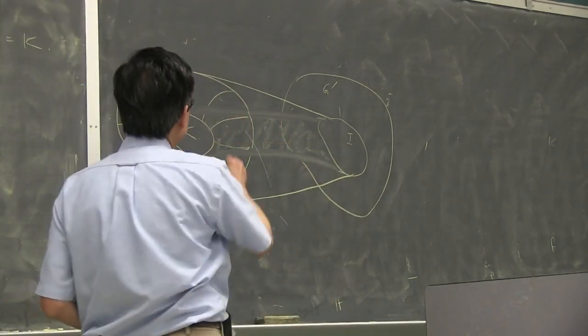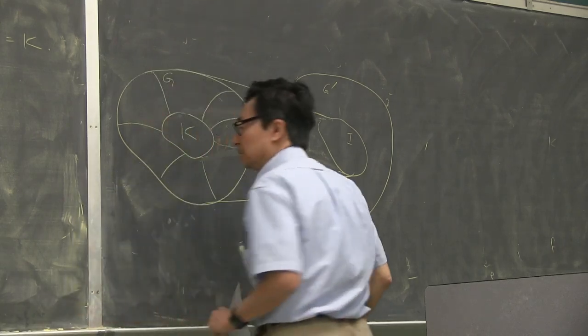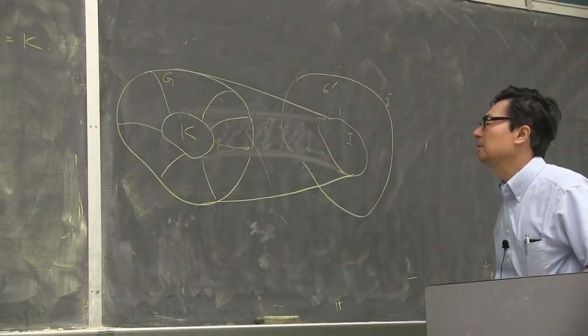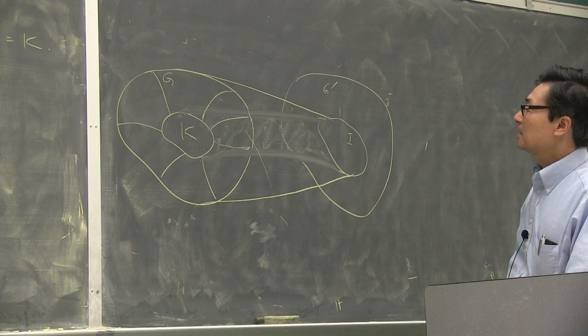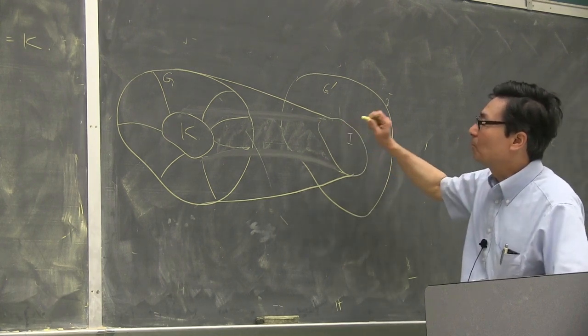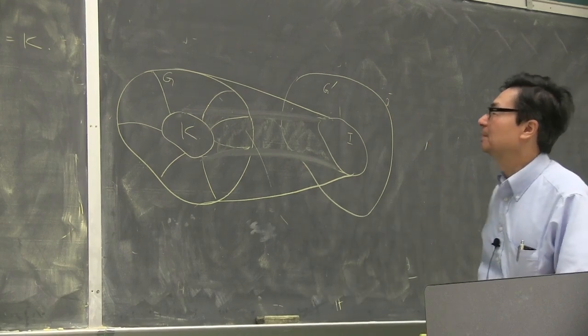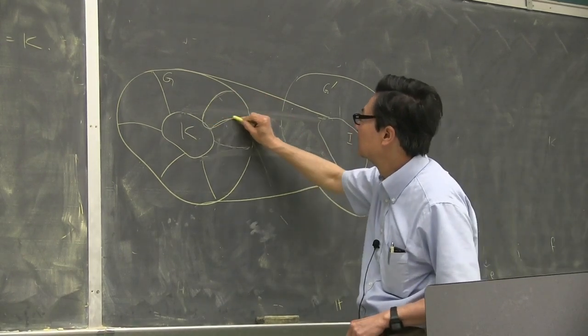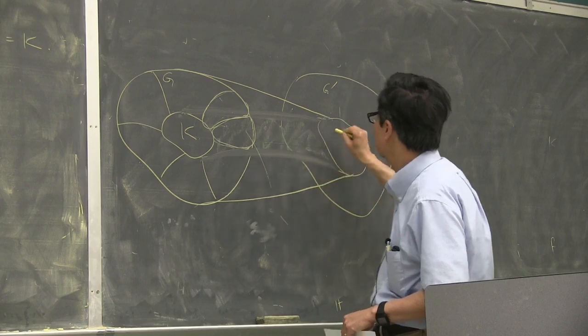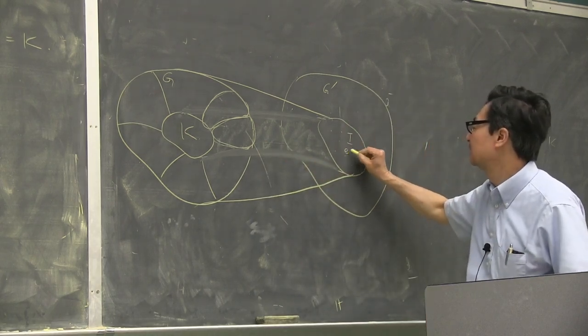Okay, the second part, which is really the more important part, says that there's a one-to-one and onto relationship between the cosets here and the elements in here.